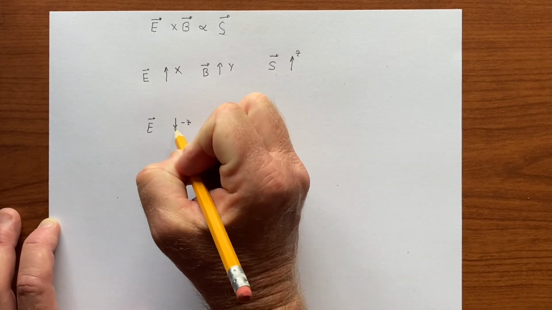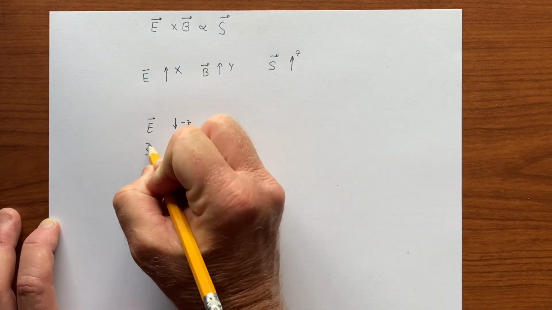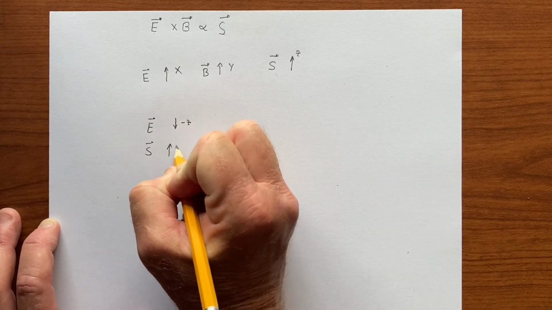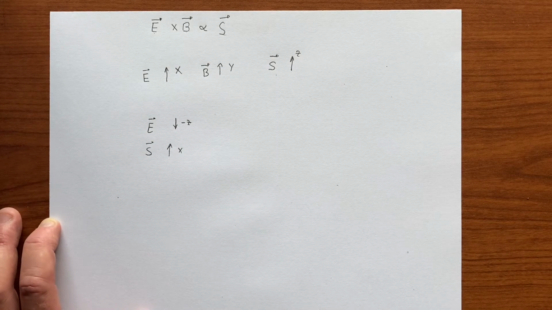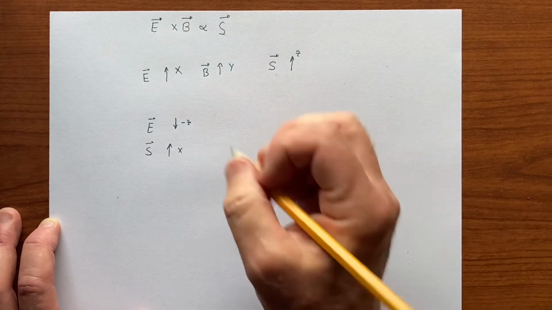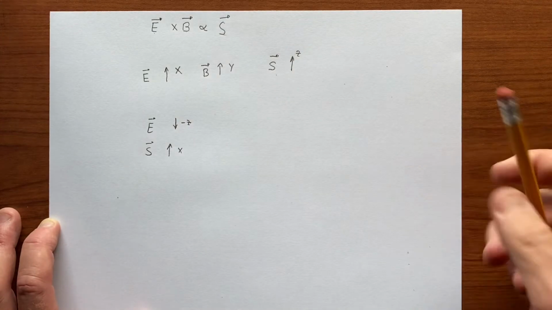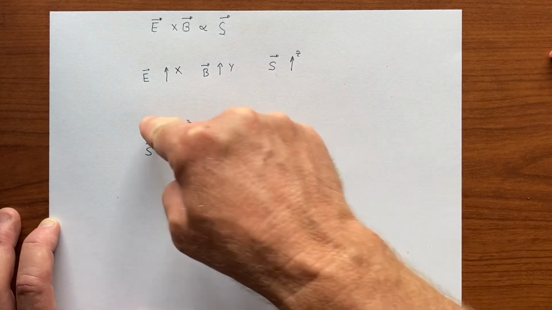But when the electric field is pointing in the minus z direction, if let's say the wave is traveling in the plus x direction, then we can figure out by the right-hand rule what the direction of the magnetic field must be.